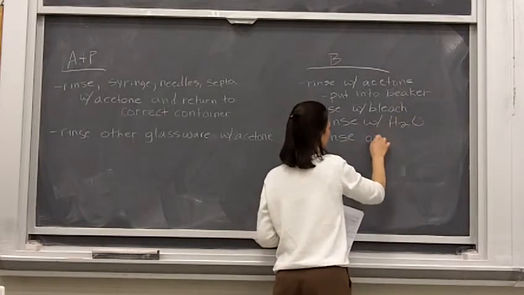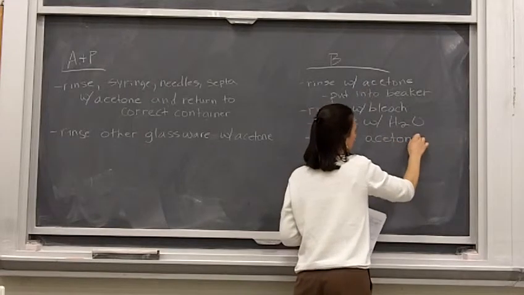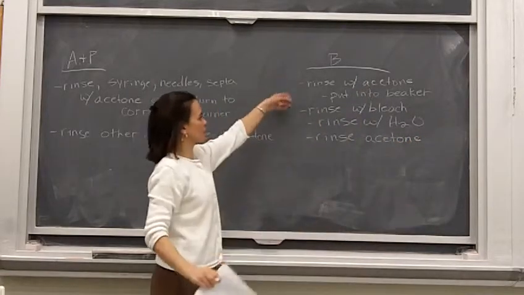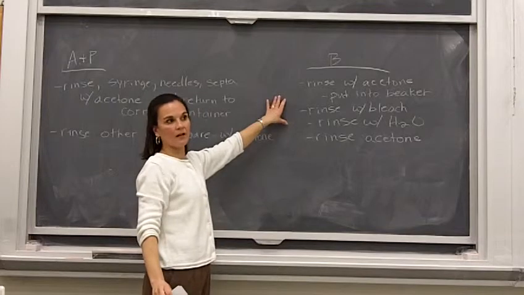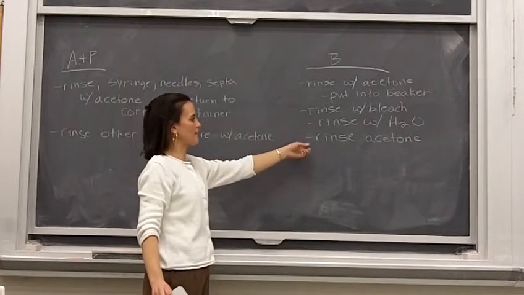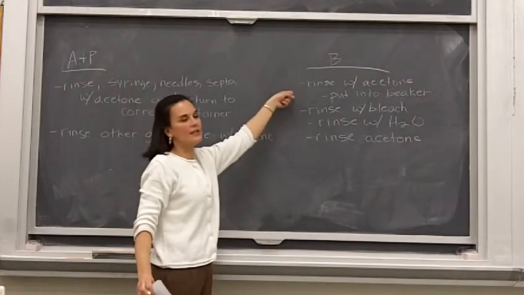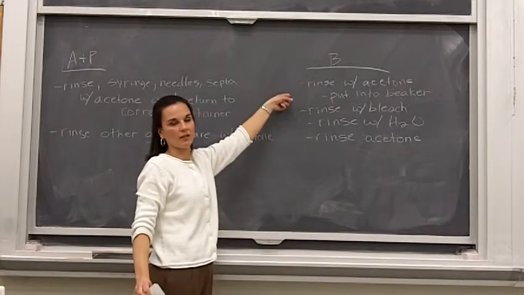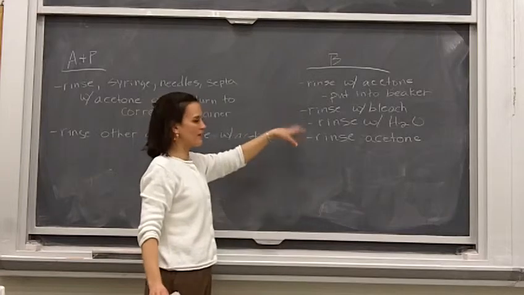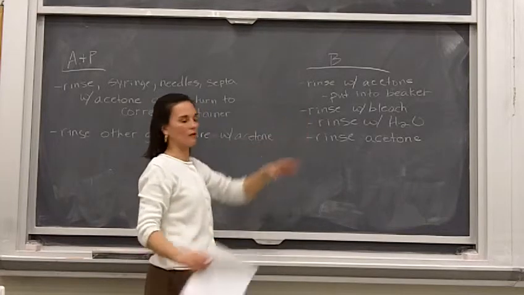And this is just for the septa, syringes, and needles, okay? So make sure you go through all these steps. This last acetone rinse can just go in the regular organic waste container, but the first one needs to go in a separate container, okay, into a beaker. Then this can be returned to the proper place in the reagent hood.